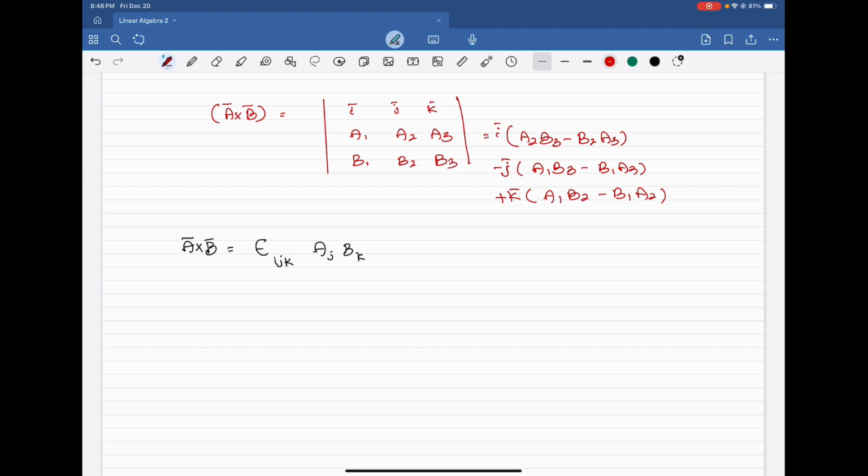Please, in this particular formula, wherever we said ijk and jk, these are all numbers.